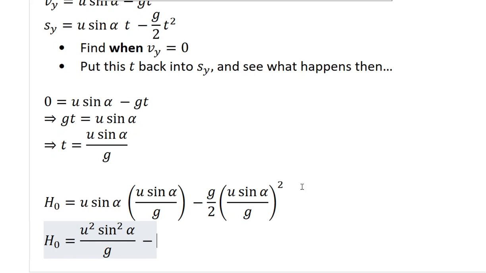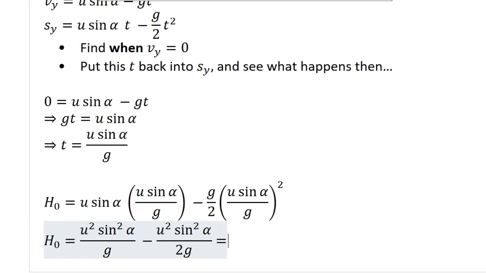We're using the square, so we have our u squared sine squared alpha from the squaring of the top of the bracket, and g squared underneath the line, but there's a g above, so that's going to just go to 2g because of the 2.